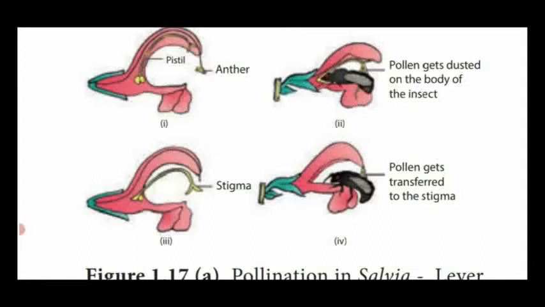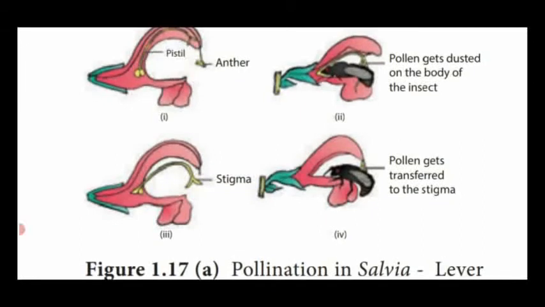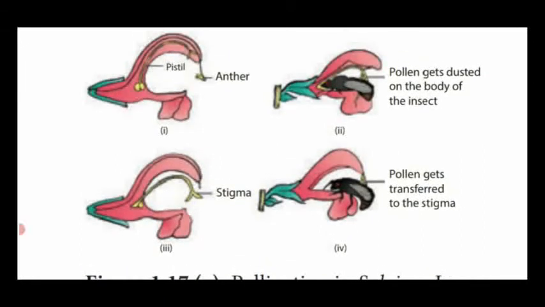which makes the upper lobe, which is the fertile one, make the stamen, that is pollen grains, fall on the back of the bee.